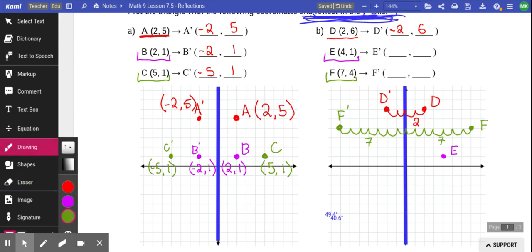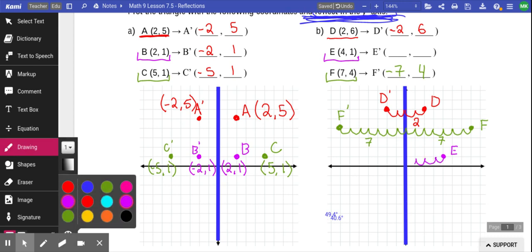If we do E, it is 1, 2, 3, 4 away. That means when I reflect it, it should be 1, 2, 3, 4 away as well, giving me my new point of E prime, which is at -4, 1. That's all reflections are. Easy peasy, right?